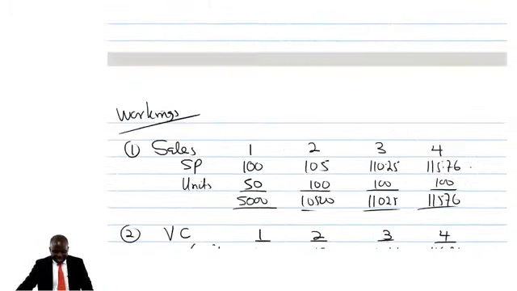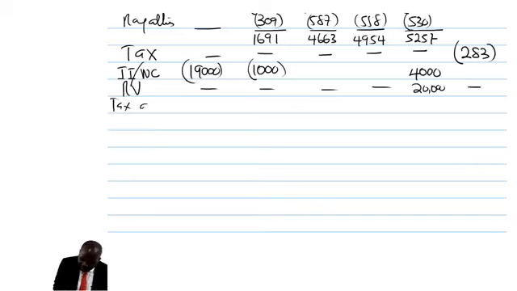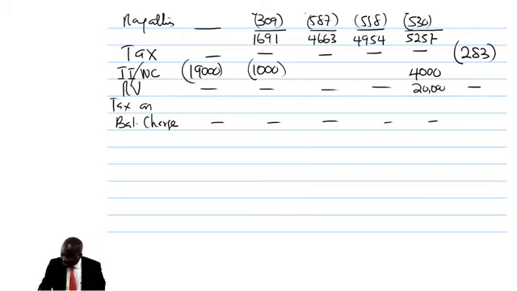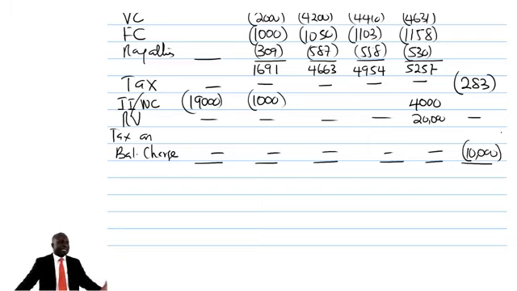So the tax on the profit of the sale will happen in year 5. So I will say tax on balancing charge, the profit on the sale of the asset, is 10,000 minus. And this is all. I've done my working capital, my residual value, my initial investment, tax and tax savings.